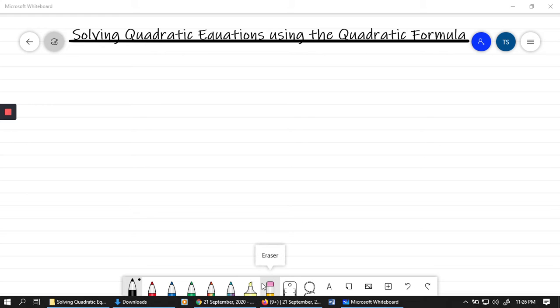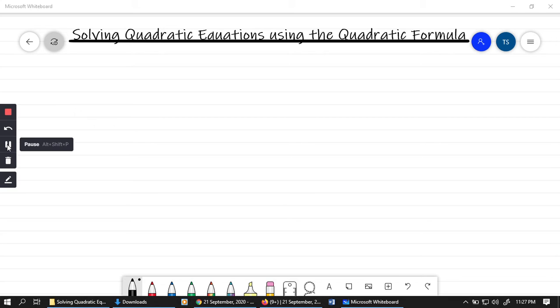So first off, you need to know exactly what the quadratic formula is. The quadratic formula is an equation that we can use to solve really any quadratic equation, as long as that quadratic equation is written in standard form and is set equal to 0.